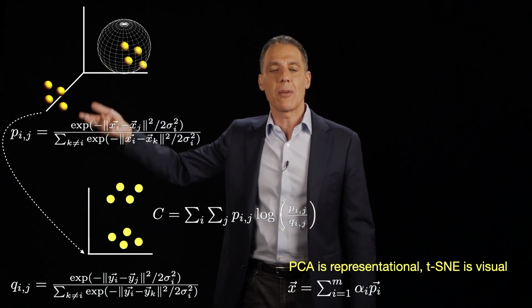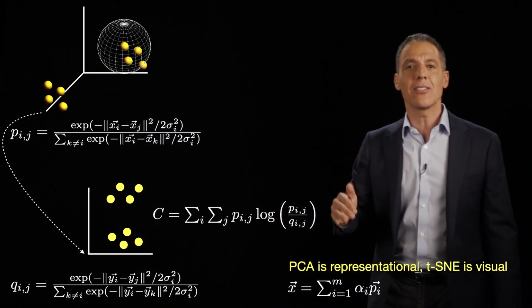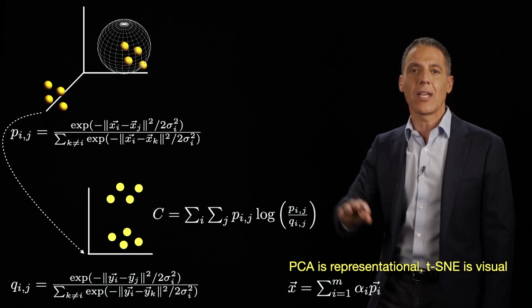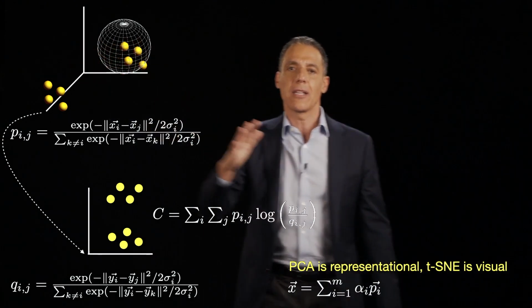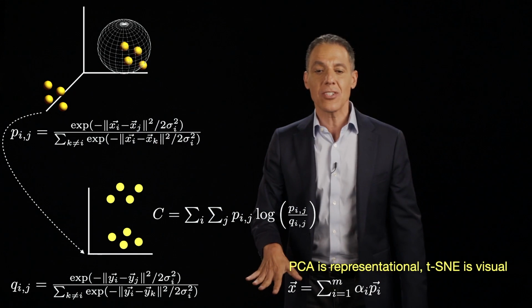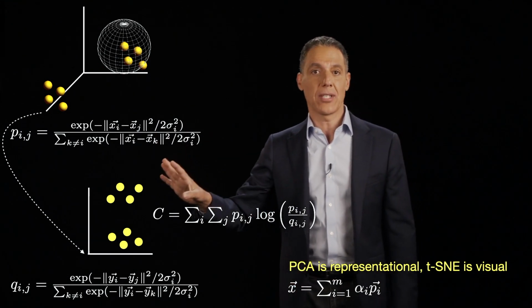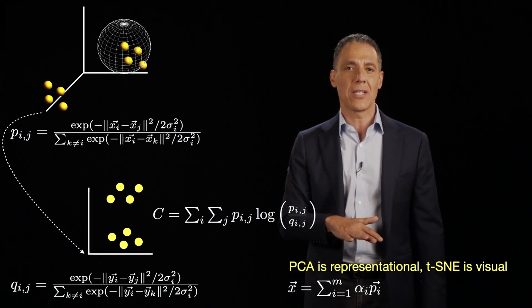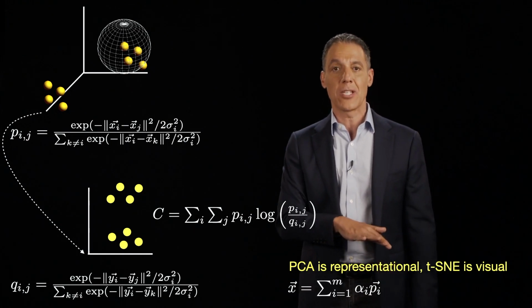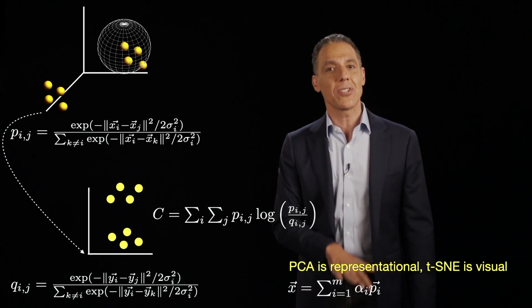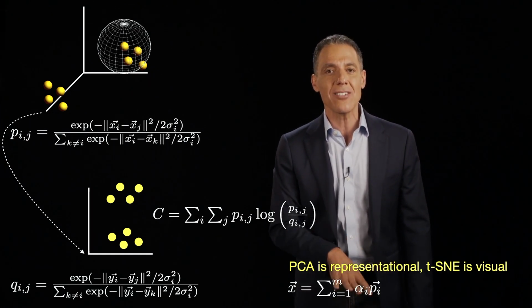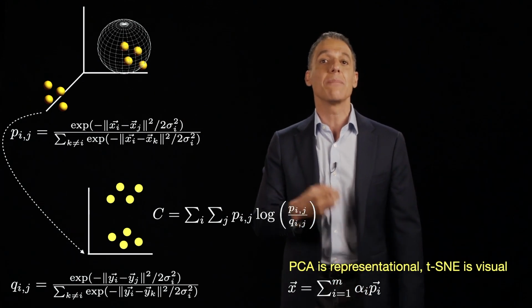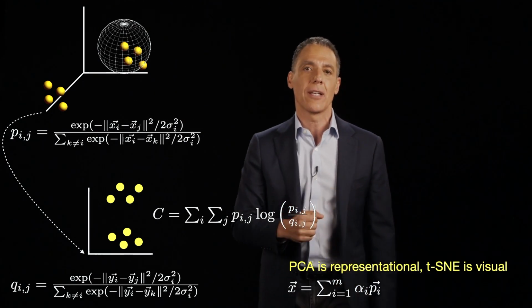And so what it's learning is a mapping, and tSNE is really about visualizing high-dimensional data in low-dimensional space. PCA is also about visualizing high-dimensional data in low-dimensional space, but it's also representational, which means that the representation in the low-dimensional space can be used for things like face recognition or object recognition.